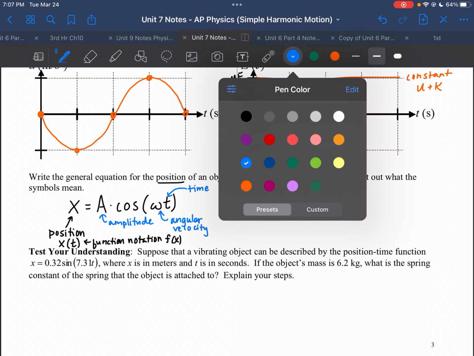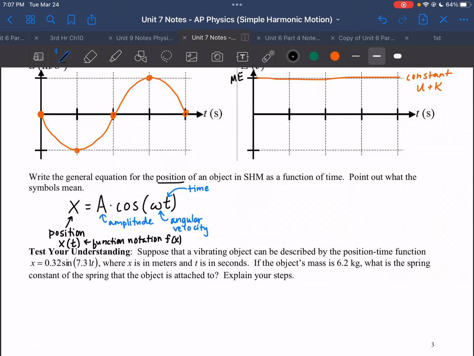Now, the reason that this is the case is actually because it's all related to circles. If you have a circle and you're looking at that spring or pendulum or whatever it is that's oscillating, it's going to be going back and forth along that line.